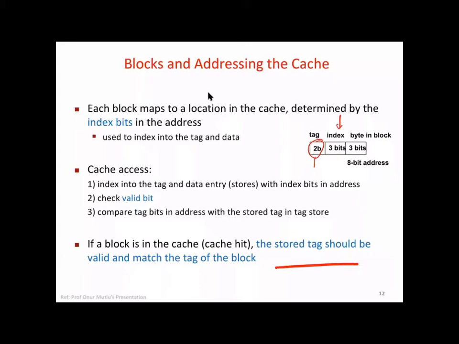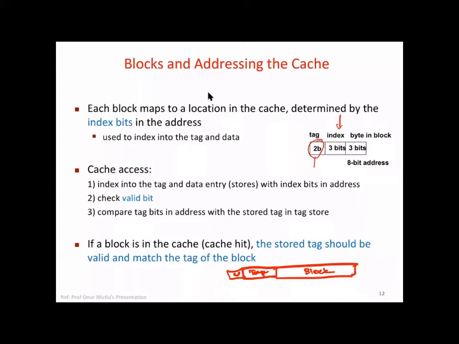So we have this structure: we have the block, then we have the tag, and we have the valid bit. The valid bit is needed because at startup time the block here may not be valid. There are many other reasons for the valid bit, which we'll discuss maybe later.